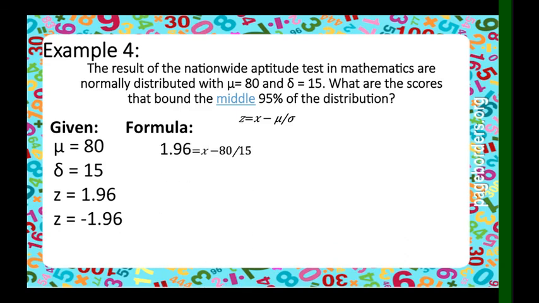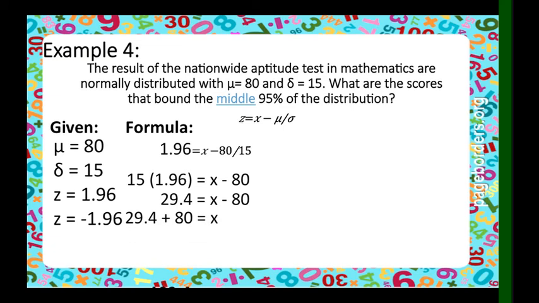So we have 1.96 equals x minus 80 over 15. Cross multiply. 15 times 1.96, we have 29.4 equals x minus 80. Transpose negative 80, so we have positive 80 and then add the two. We will have 109.4, which is equal to x.